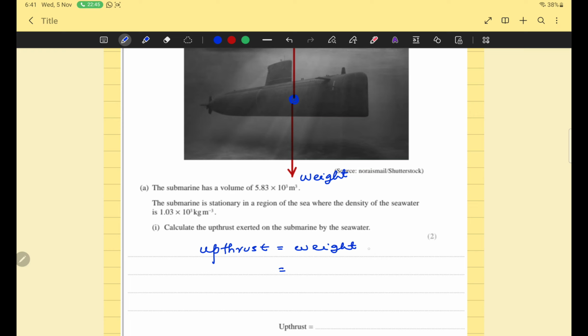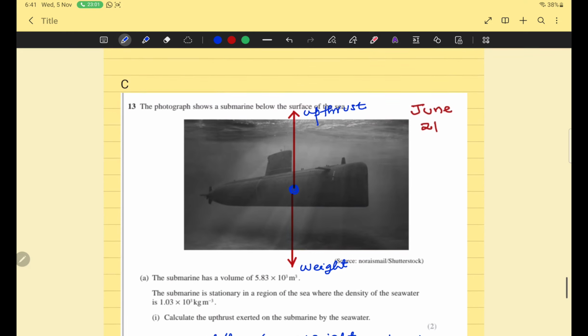In this question, weight is mg, but we are not given mass. Sir, we are given the volume of the submarine and we are given the density of seawater. हमें तो चाहिए मास। मास कहाँ से लाएंगे भाई?